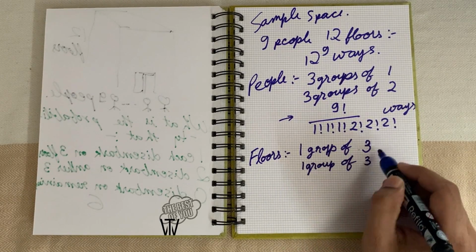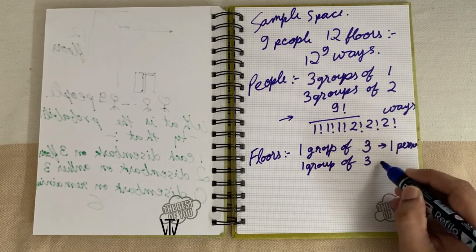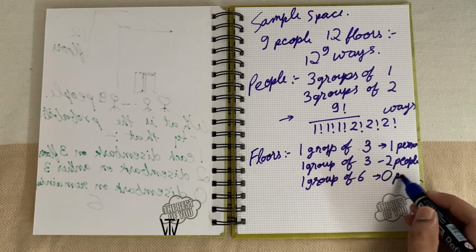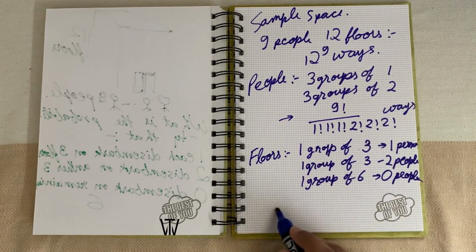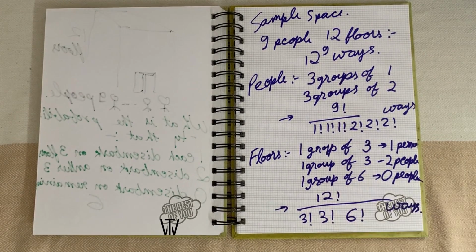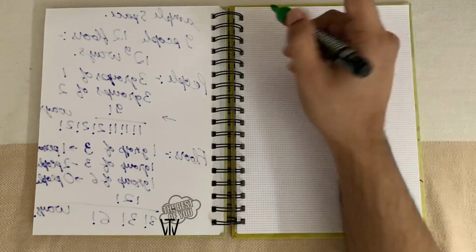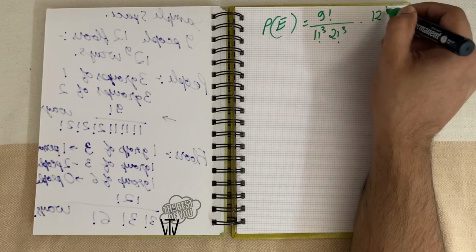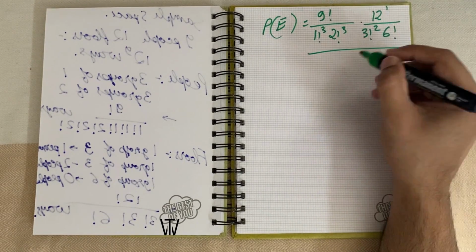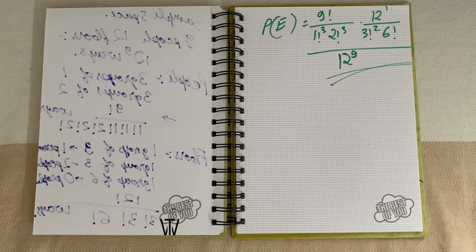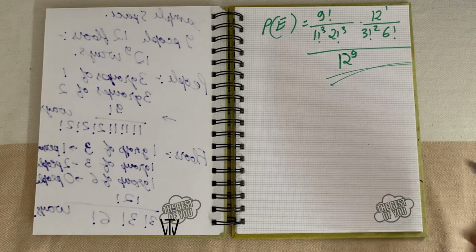One group of 3 floors where only one person disembarks, another group of 3 floors where 2 people disembark, and another group of 6. This can be done in 12 factorial by 3 factorial into 3 factorial into 6 factorial ways. So we can compute the probability of our event as 9 factorial by (1 factorial cube into 2 factorial cube) into 12 factorial by (3 factorial square into 6 factorial) divided by 12 to the power 9.